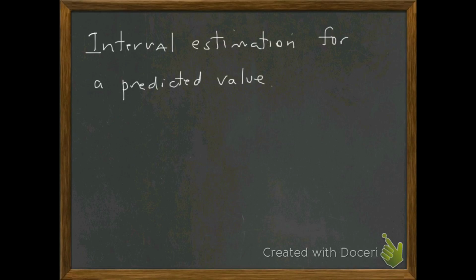And the notation we use here is the expected value of some y sub h. So when we see that, we're just thinking in terms of we're predicting a value. We know values are going to vary. There's going to be a sampling distribution.